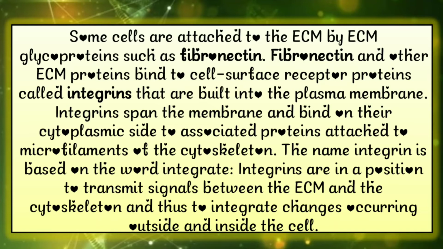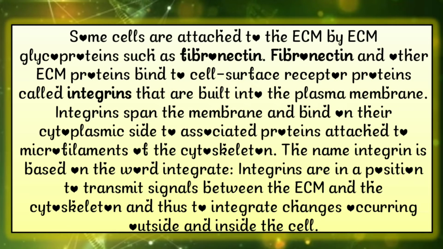Some cells are attached to the ECM by ECM glycoproteins such as fibronectin. Fibronectin and other ECM proteins bind to cell surface receptor proteins called integrins that are built into the plasma membrane.